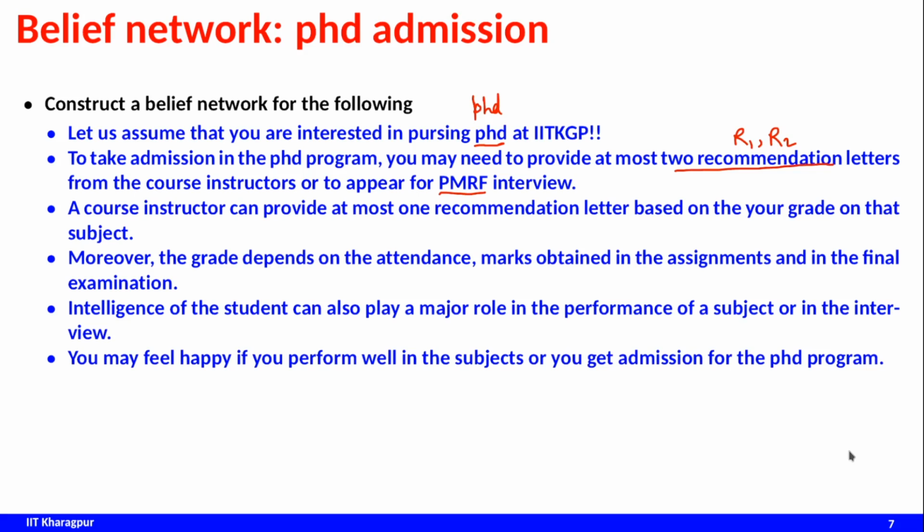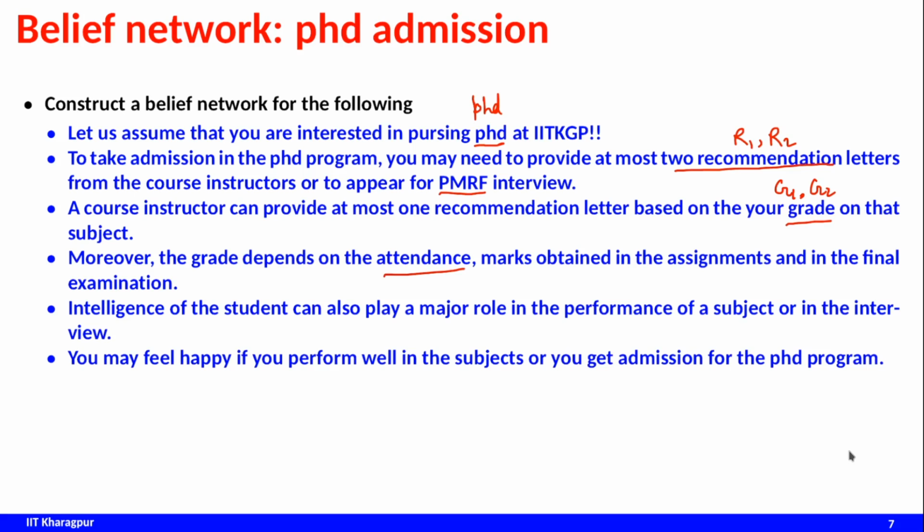A course instructor can provide at most 1 recommendation letter based on your grade on the subject. So I need 2 recommendation letters, so it will be effectively linked to 2 grades. So let me call these G1, G2. The course instructor can provide at most 1 recommendation letter based on the grade that you have got in the subject, and this grade depends on attendance.